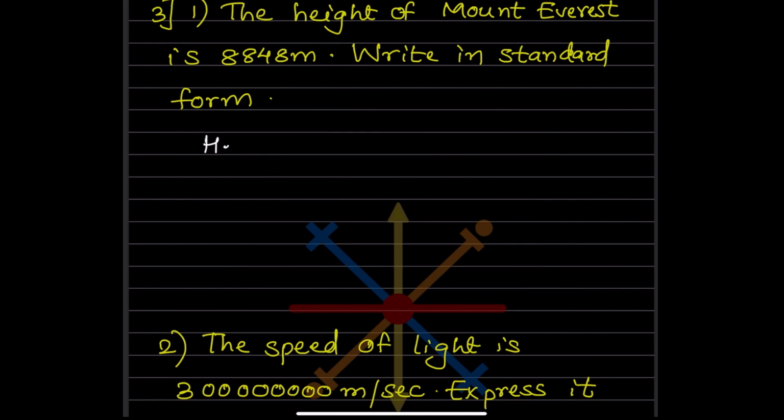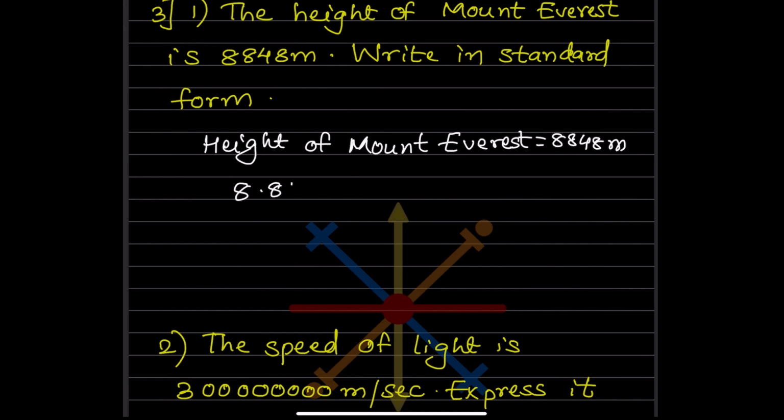So first we'll write here the height of Mount Everest, that is 8848 meter. So now what will you do here? This will convert into standard form as 8.848. So you are putting a point over here.